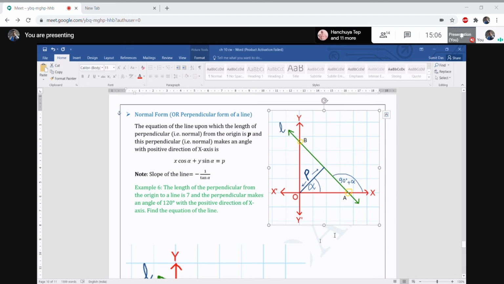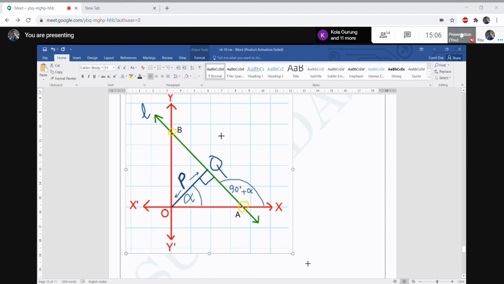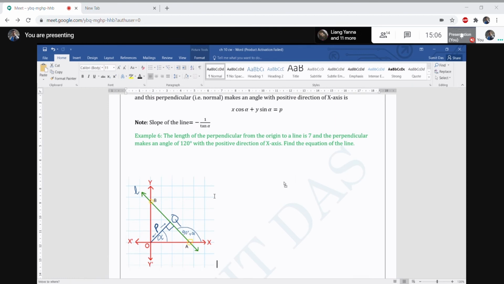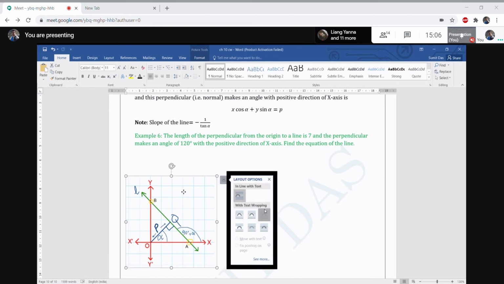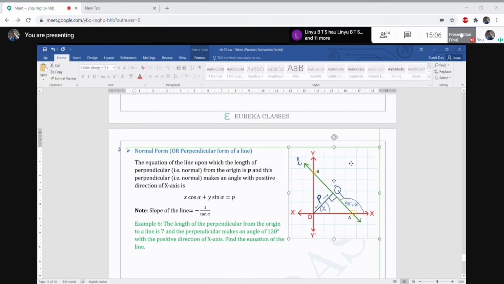Then what will be the equation of the line? The equation of the line will be x cos alpha plus y sin alpha equal to P.